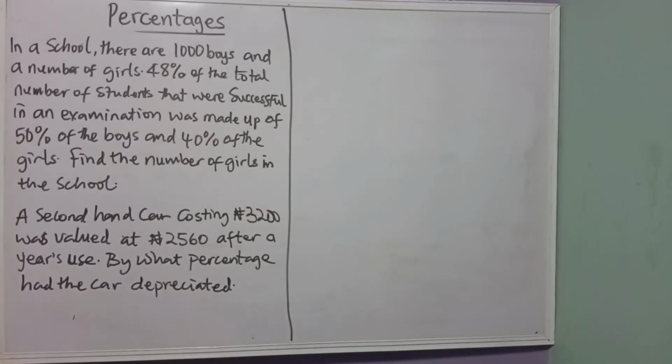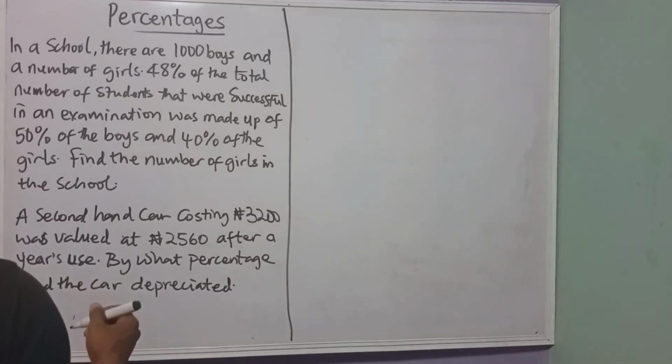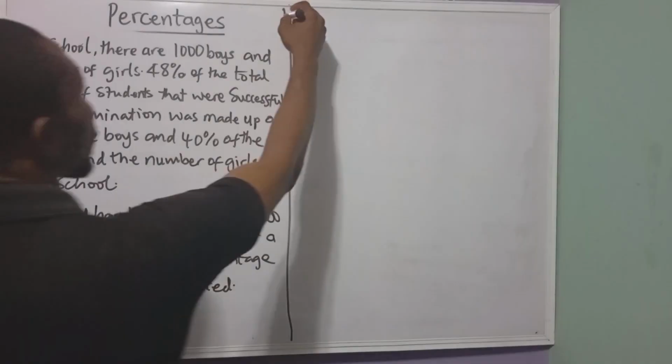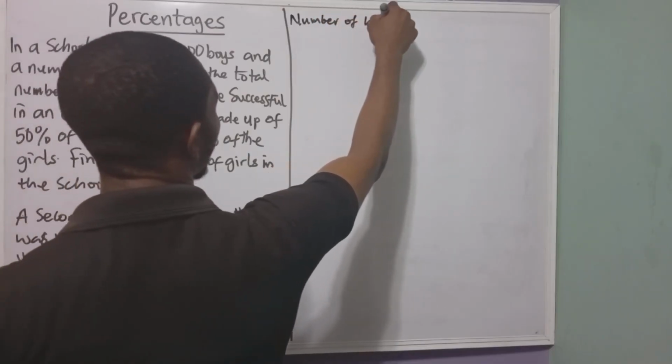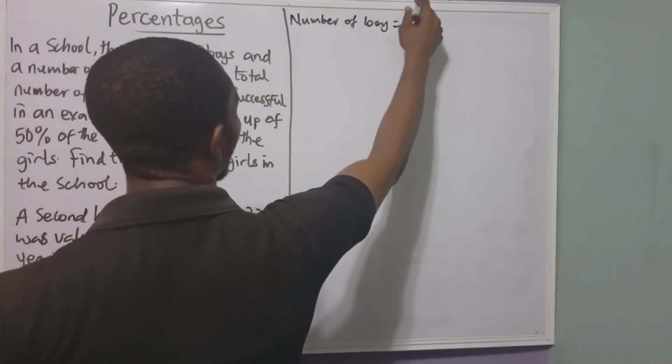Our next question says, in a school, there are 1,000 boys and a number of girls. 48% of the total number of students that were successful in an examination was made up of 50% of the boys and 40% of the girls. We should find the number of girls in the school. Looking at it, the number of boys equals 1,000.